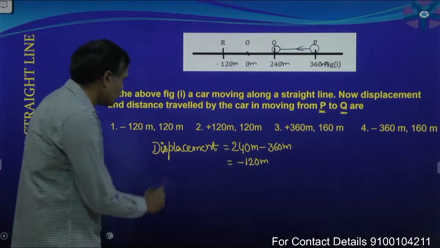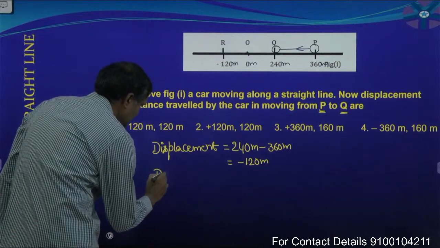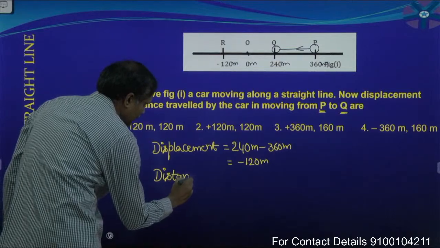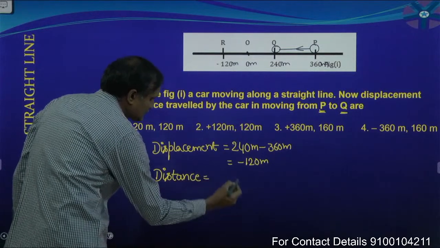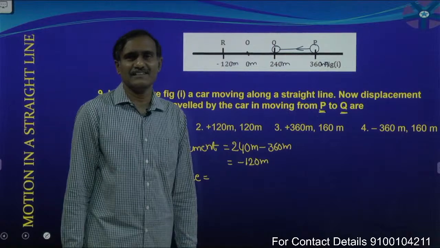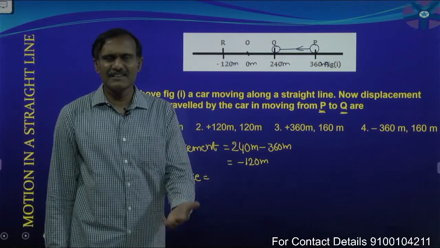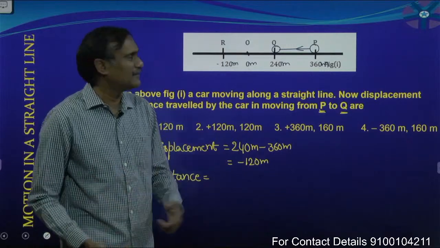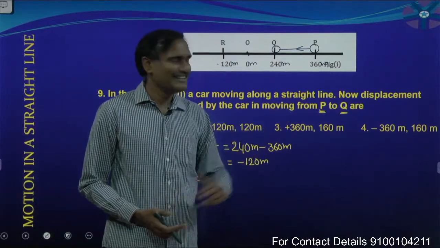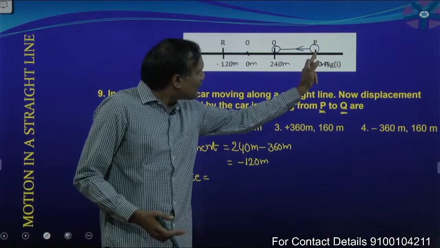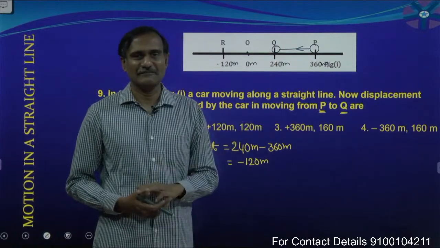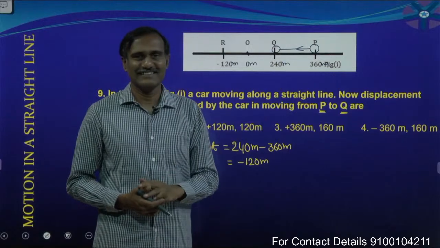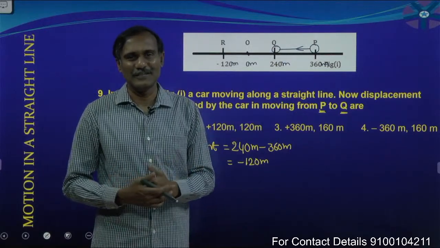Now, think about distance travelled by the particle. Distance is nothing but the length of the path travelled by the particle, the actual length of the path. Now, just measure this length. I think it is 120 meter.